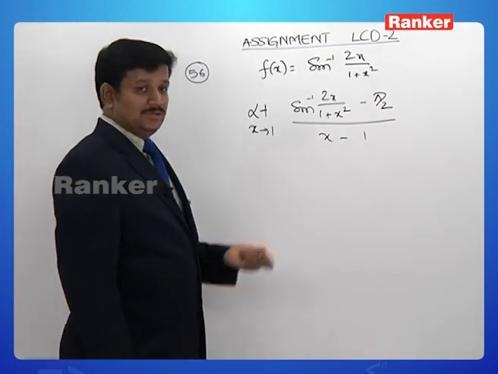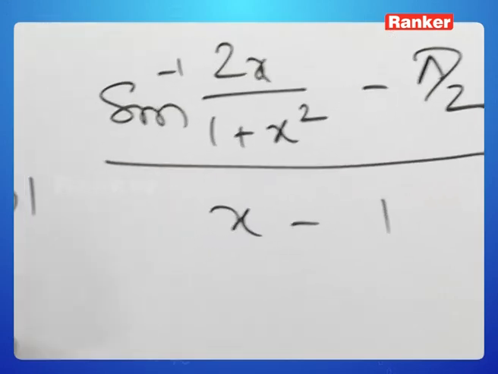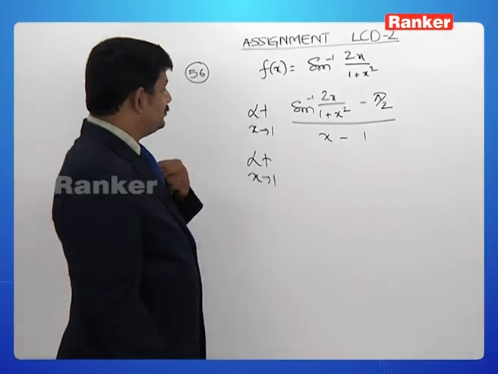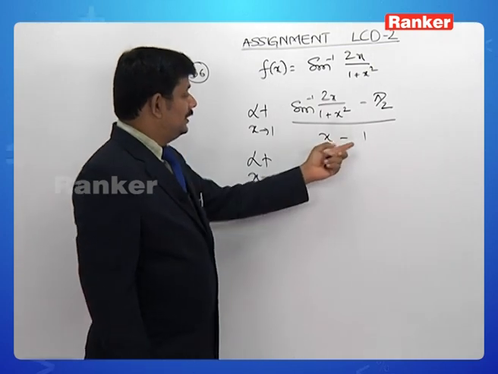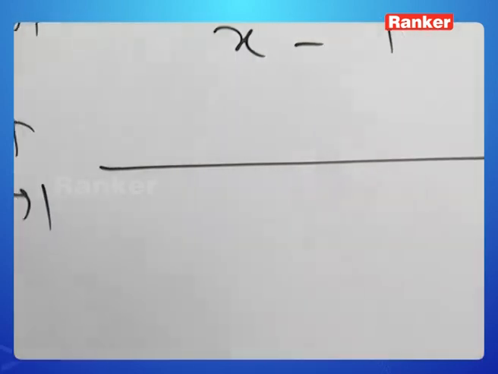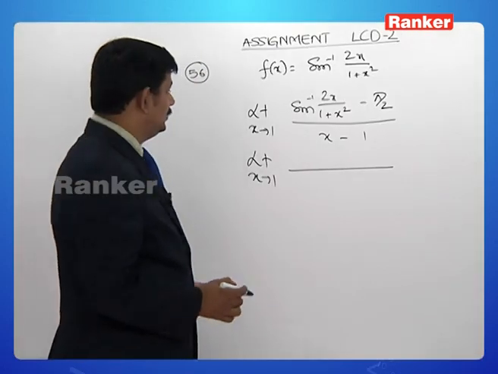Let us apply L'Hospital rule. Limit as x extends to 1 of f of x minus f of 1 divided by x minus 1. This is 0 by 0 form. Derivative of denominator is 1.